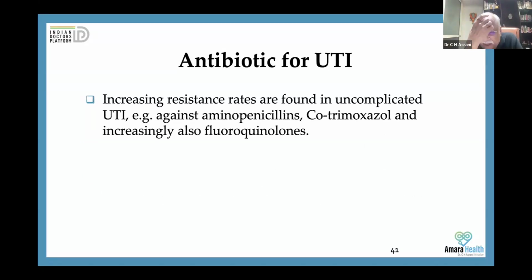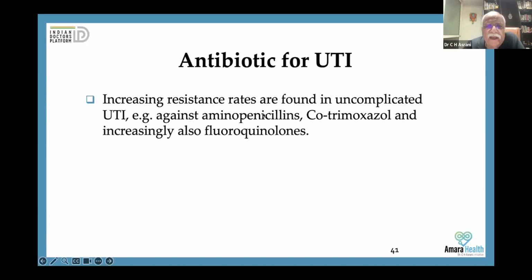Nowadays, we are finding culture reports showing a lot of resistant bacteria, resistant antibiotics, and we or our brethren are to blame because we use antibiotics without thinking.